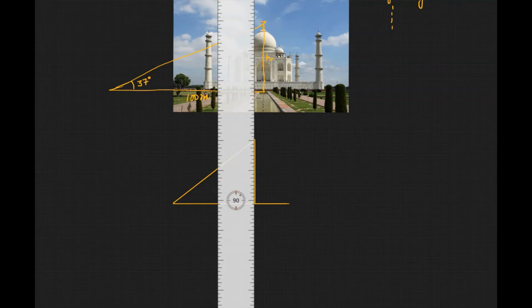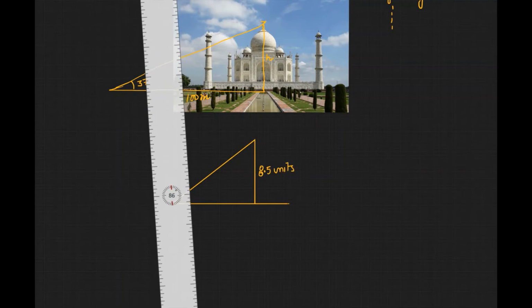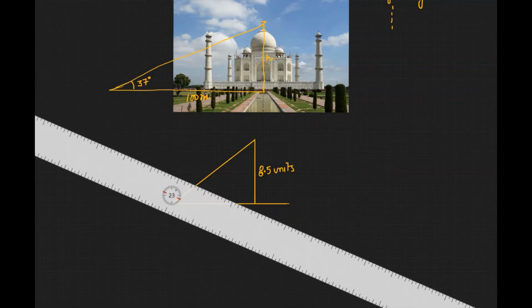So the height of this triangle is about 8.5 units. And let's also measure the base of this triangle.